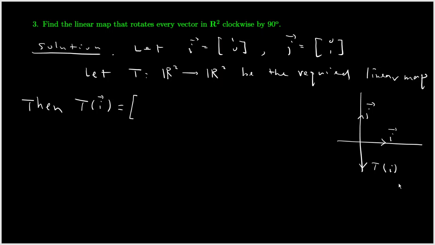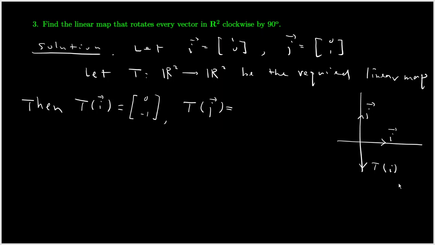So now let's say (0, -1). I will see if you got it or not. So maybe some other guy, not the current one. Tell me the output for the input of j. For the same reason, you rotate j clockwise by 90 degrees.